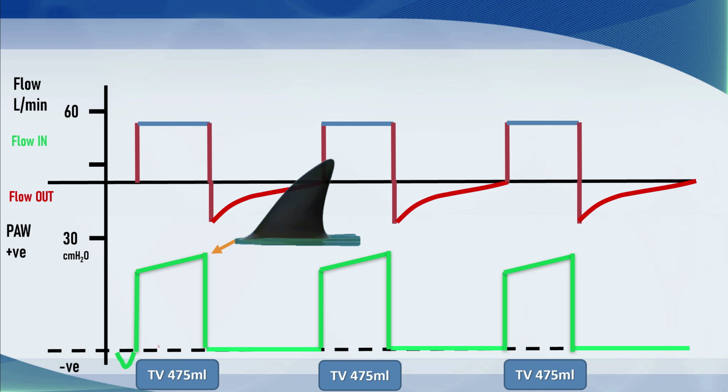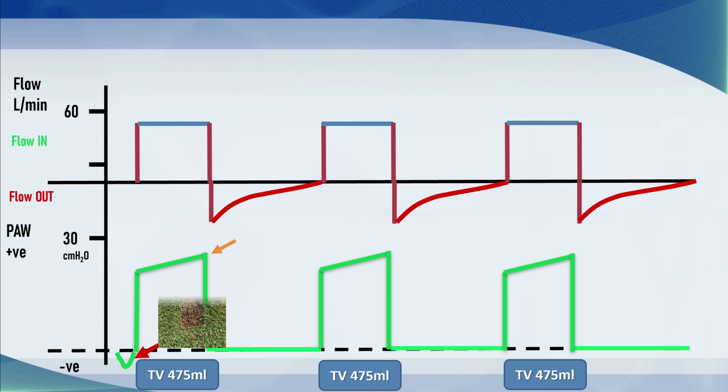Finally, you'll notice a little negative deflection here on the pressure waveform. It's relatively negative with respect to PEEP. I call this a divot. I don't know why, it just kind of reminds me of a golf divot, where this little divot occurs just before the pressure waveform rises. So a little bit negative, then you get this upward deflection of the waveform.